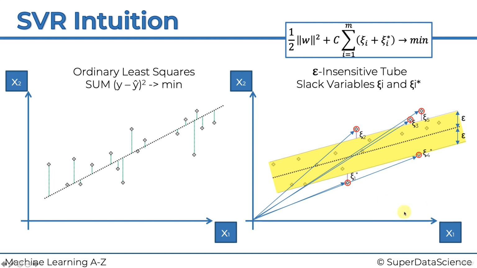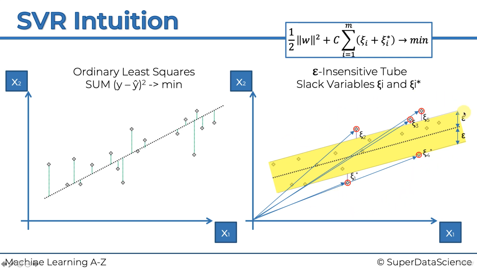So these points are all vectors, but the ones that we've highlighted in red, the ones outside the tube, are the support vectors, because they are dictating how this tube is created. Basically, they're supporting the structure or formation of this tube, and that's why they're called support vectors, and that's why this is support vector regression.